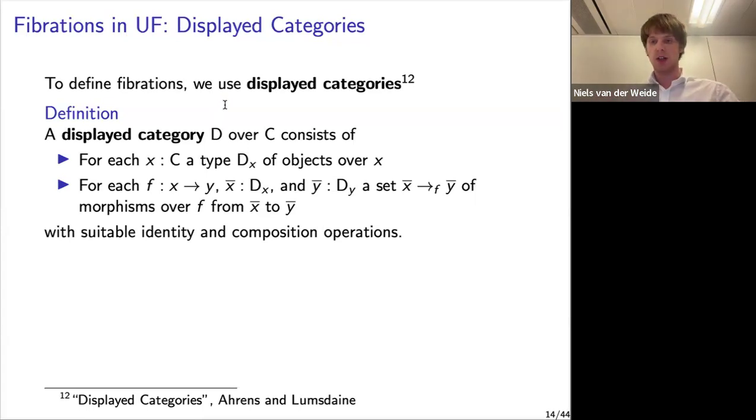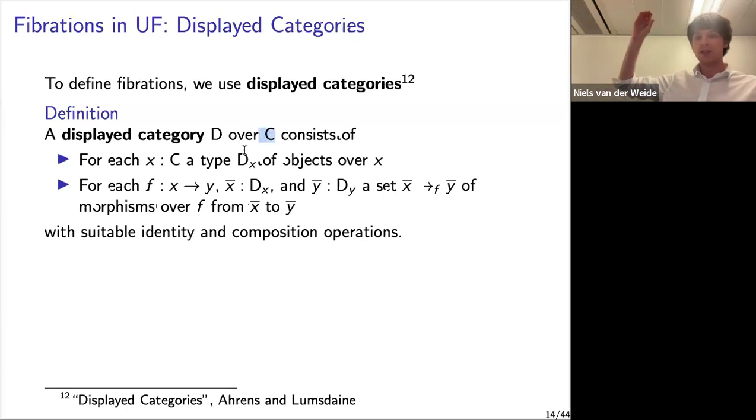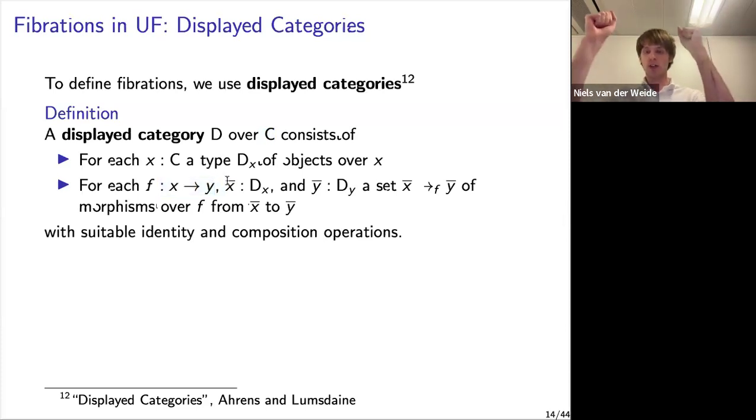And this is the notion of displayed category. It basically gives us a representation of a functor into a category C, but rather than phrasing it in terms of functions, we phrase it in terms of what the fibers are. So what are the fibers of my objects and what are the fibers of my morphisms? Well, for every object X in C, we have a type of objects over X. So these are mapped to X. And for every morphism in my category, if we have two objects over the domain and codomain of that morphism, we have a set of morphisms lying over that morphism.